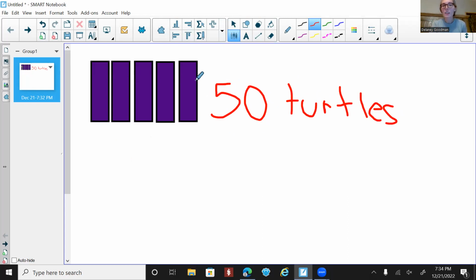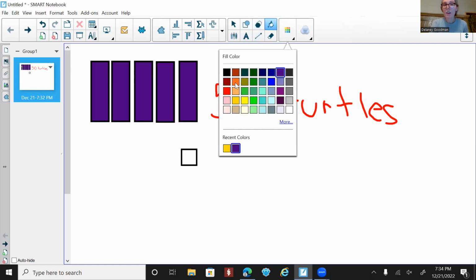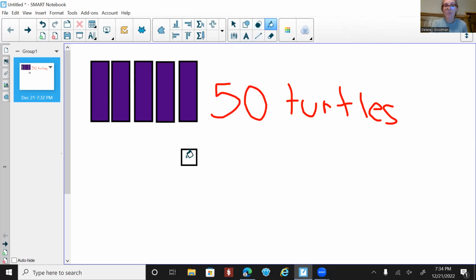Remember, boys and girls, this right here is a 10. It represents 10 cubes. But if I'm adding one more, then I can add a single unit that represents 1, okay? So I'll make that one yellow.